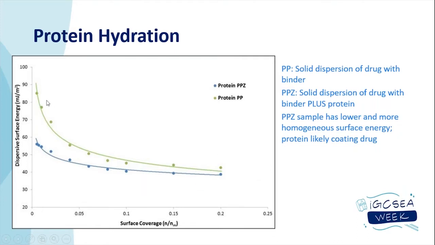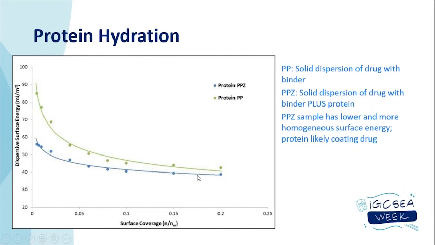Here we can control that surface to probe molecule ratio, and we can see these are two solid dispersions. This is a solid dispersion with just the drug and a binder, and this is the solid dispersion with a drug, a binder, plus a protein.